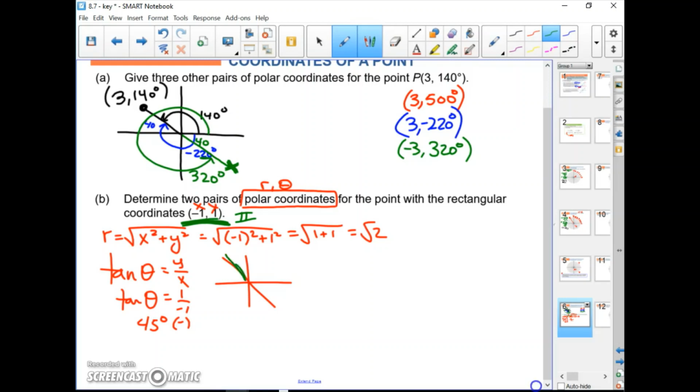And so what we're really looking at is a 45-degree reference in that second quadrant. What angle are we talking about? 135, very good. 180 minus 45 is 135. And so I've got my magnitude and I've got my direction. That should be enough for polar coordinates. Polar coordinates is going to be square root of 2, comma, 135.